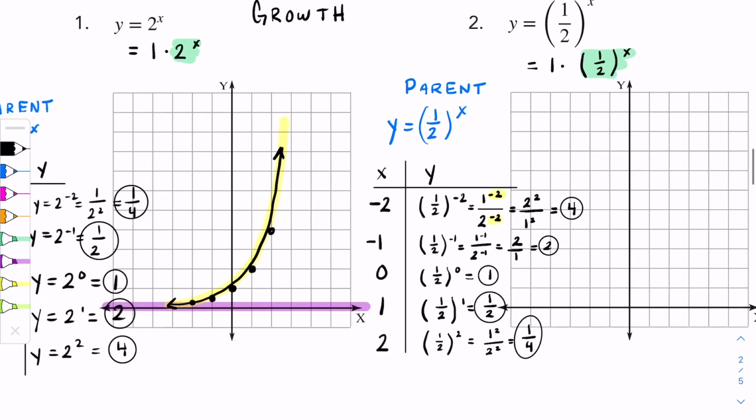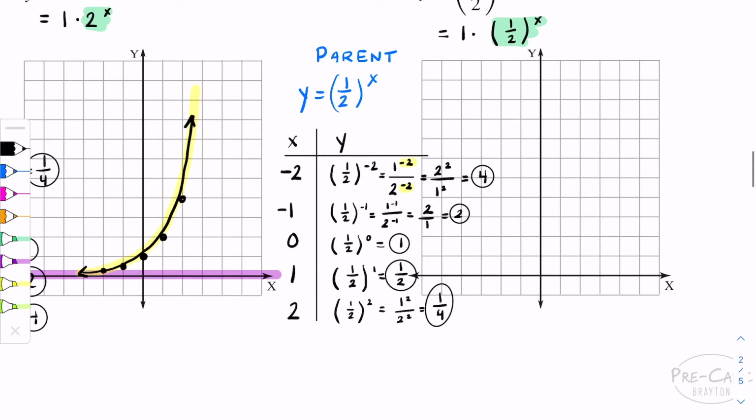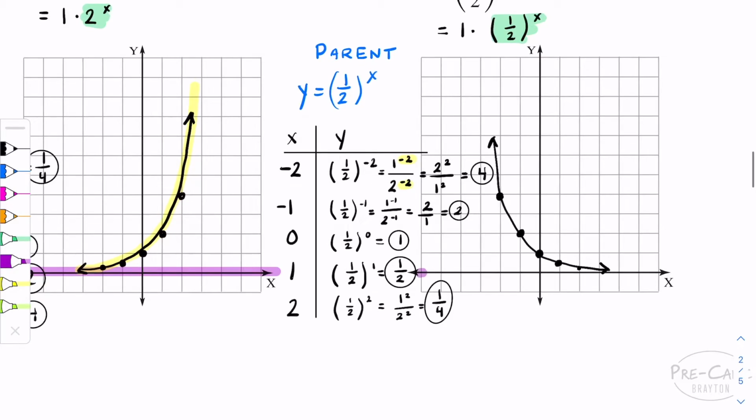Once we plot all these points, we plot a point at -2, 4; -1, 2; 0, 1; 1, 1/2; 2, 1/4. Our horizontal asymptote is at y equals 0.